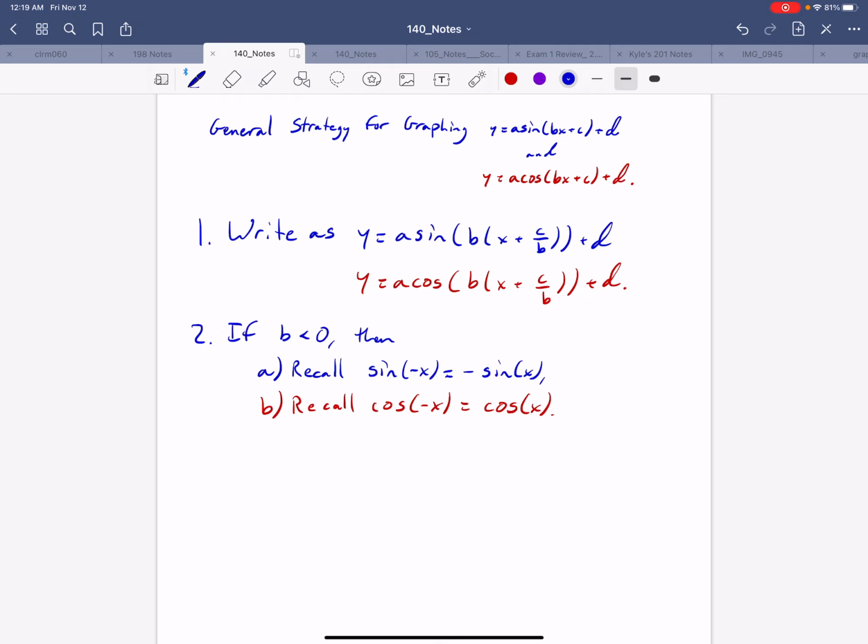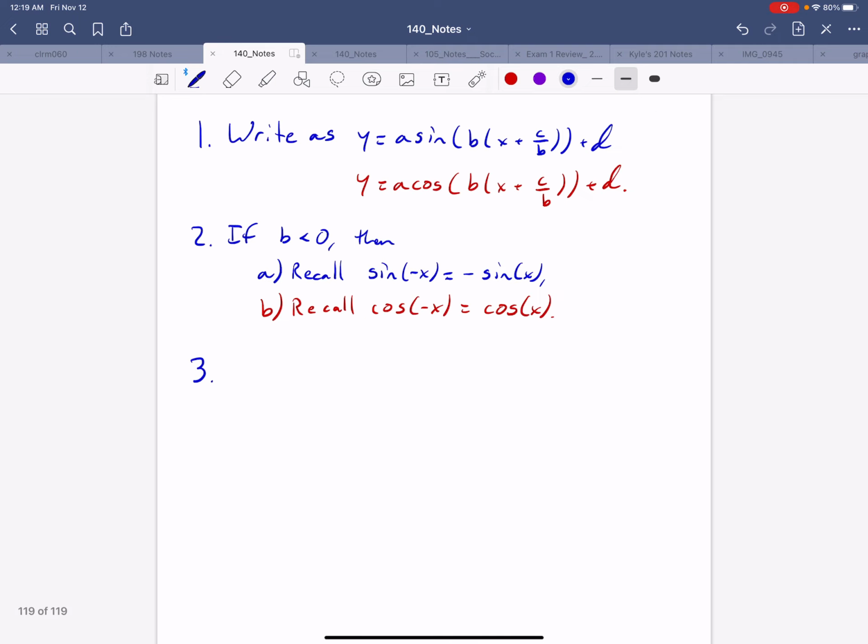Okay? Step 3, I would say you want to identify your phase shift and your period, which should be pretty obvious, right? So note that the phase shift, because again that's what the book calls it, or left shift, is, well, if I'm talking about the left shift, it would be c over b.